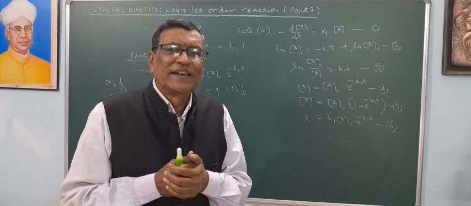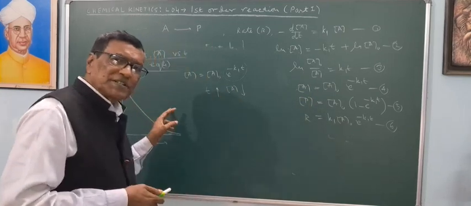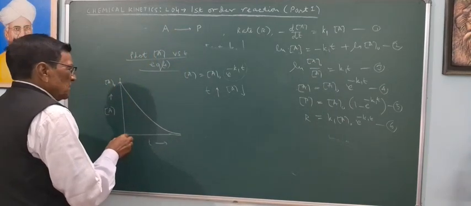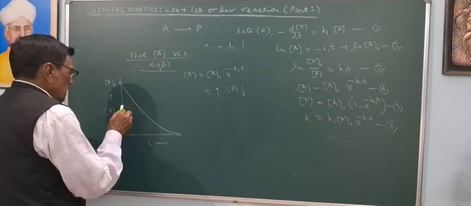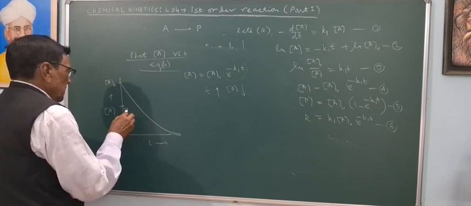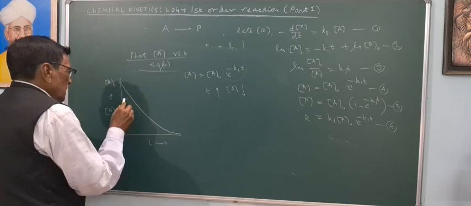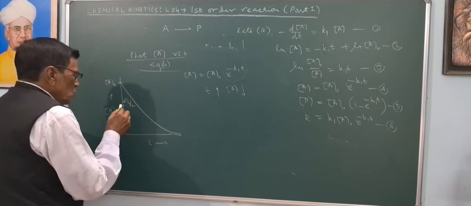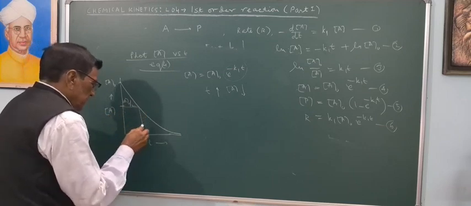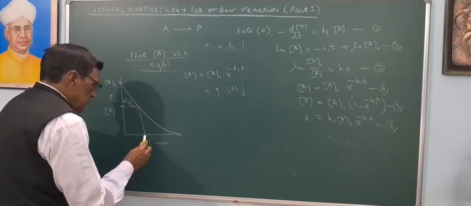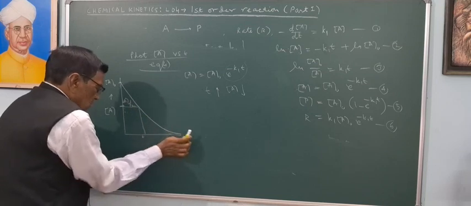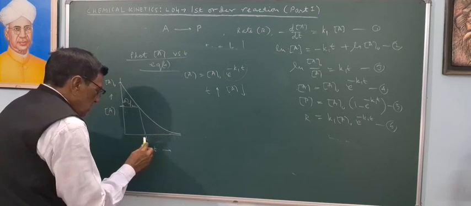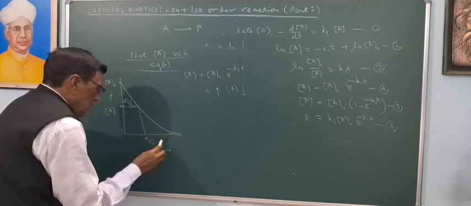But here, the half-life period you can also determine from this graph. Say this one is A naught. So this one is concentration of A naught by 2. So the corresponding time, this time is the half-life.